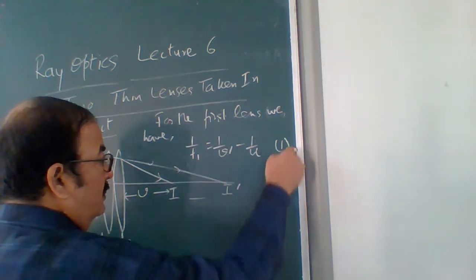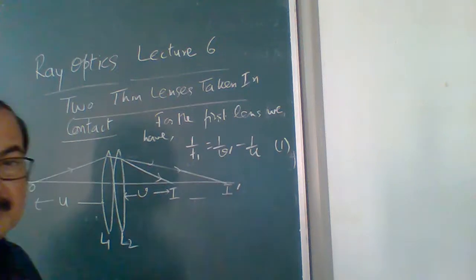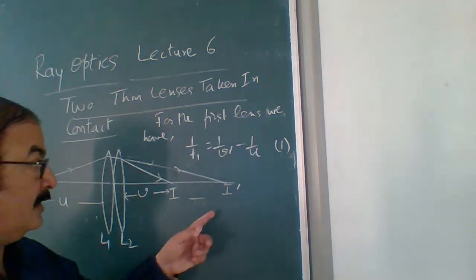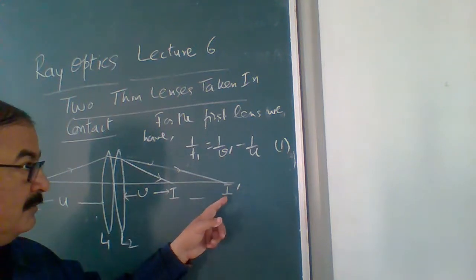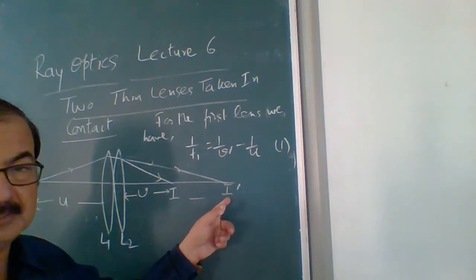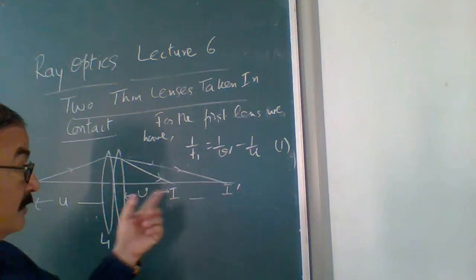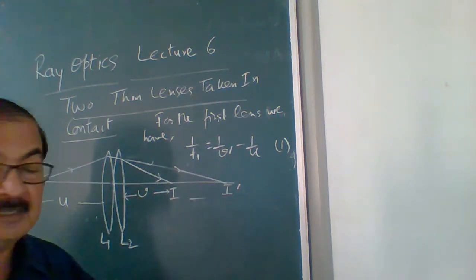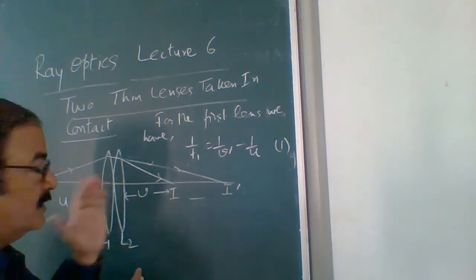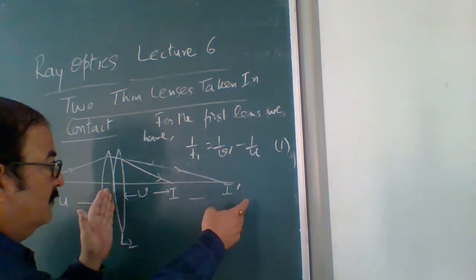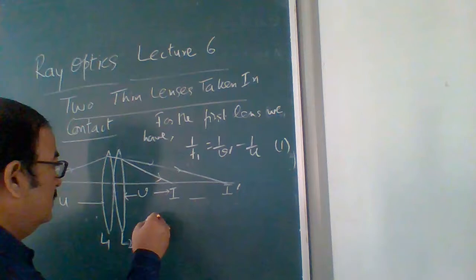This is your equation number 1. This is for the first lens. And for the second lens, whatever is the image for the first lens will behave like the object for the second lens. Since they are very thin, it is immaterial whether the distance is taken from the first lens or the second lens. This distance was v dash.